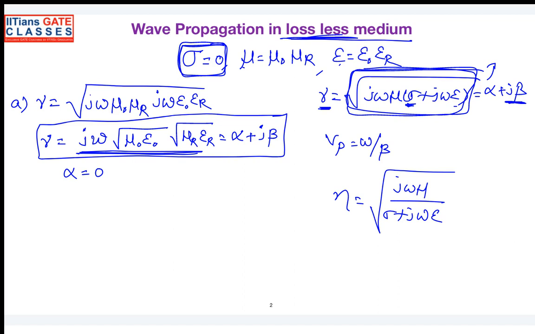You should not have any real part whenever your sigma is 0. That's what you have seen here. So I hope you got the answer now. Do you got the answer, everybody? You can reply here. If needed, I can repeat once again.